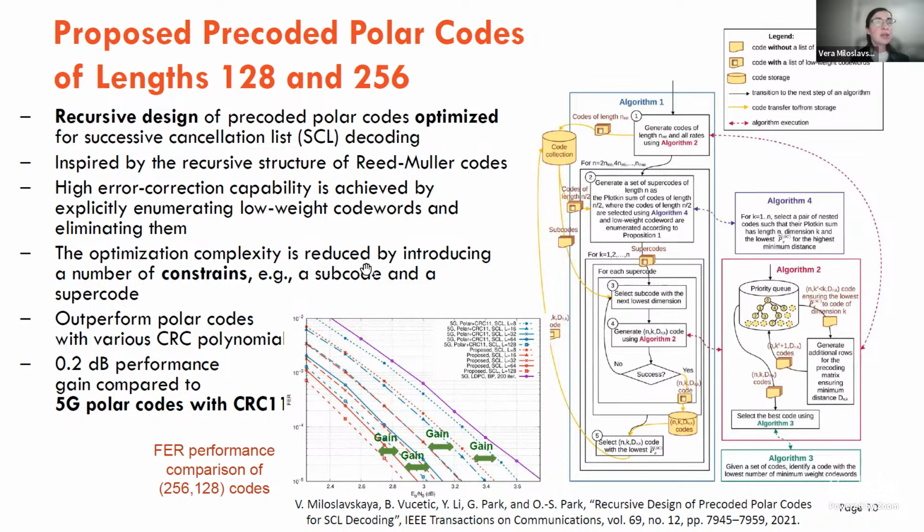In this way, we reduce the search space and can find a near optimal solution that also minimizes successive cancellation decoding error probability under the constraint provided by minimum distance and the subcode and supercode.